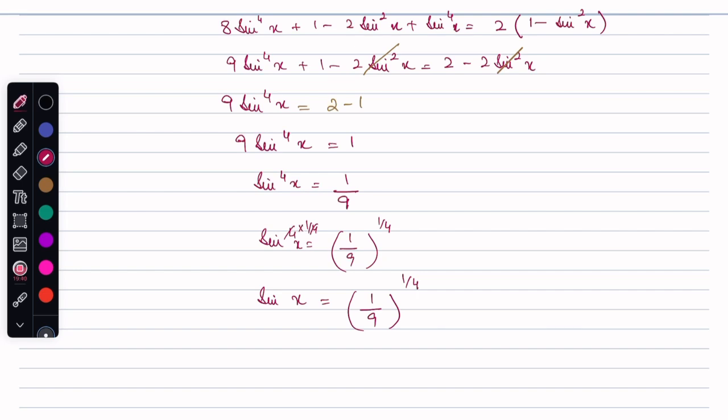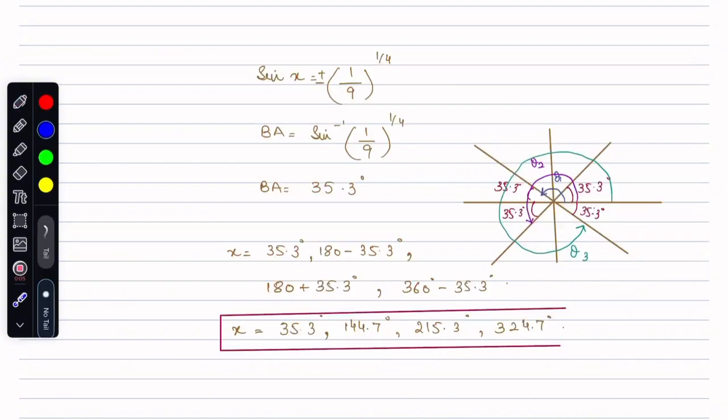So (1/9) to the power 1/4, this means I should be having here the sin x will be equal to plus or minus (1/9) to the power 1/4. I'm taking the plus or minus sign because I can see that the root that I have taken is an even power. So whenever we have an even power, the ratio has to have both the signs, positive and negative.